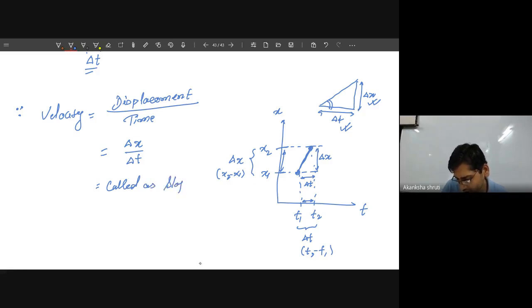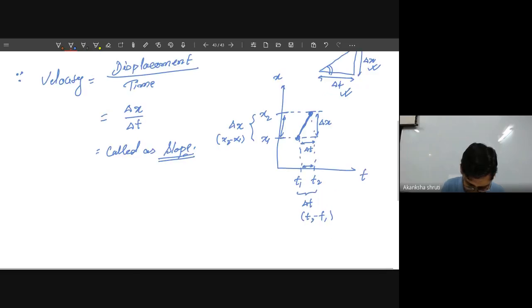So this is called slope. Students, this term slope in detail you will learn in class 10th and higher standard. What is slope? It tells the inclination of this line with respect to the time axis. So slope of graph. Which graph? It is our x-t graph.